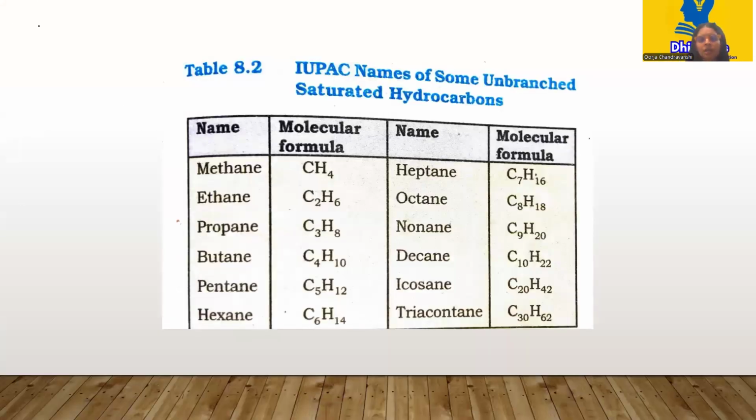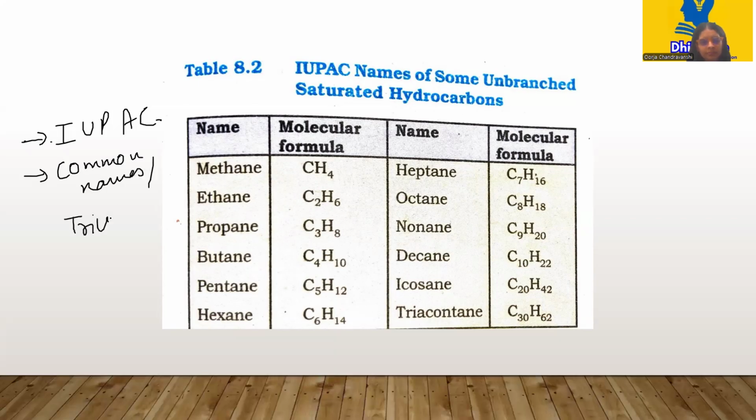Next, we have nomenclature. Nomenclature of organic compounds is of two types. First is IUPAC, and next is common names, also known as trivial names. What is the IUPAC body? If anybody is aware of it, this is the International Union of Pure and Applied Chemistry.